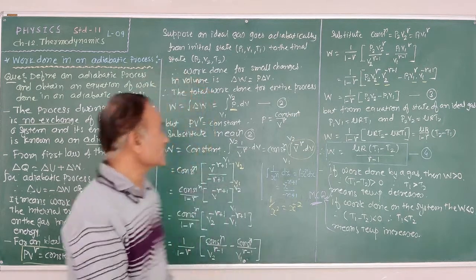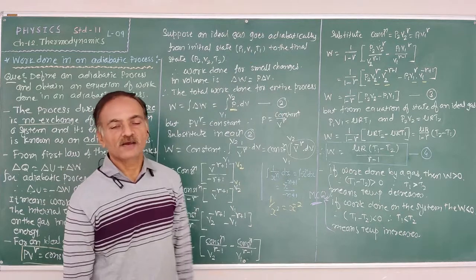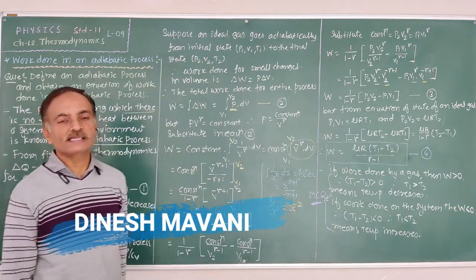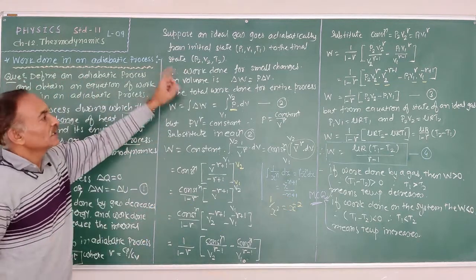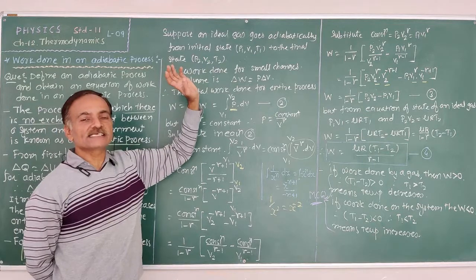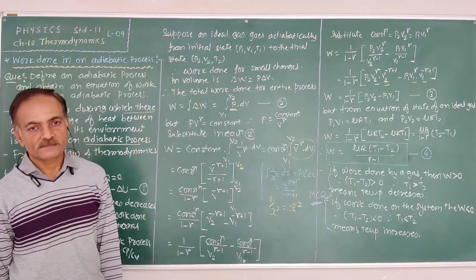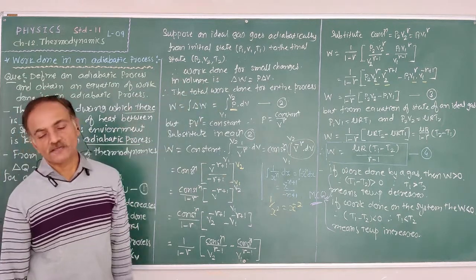In the initial state, pressure is P1, volume is V1, temperature is T1, while in the final state, pressure is P2, volume is V2, and temperature is T2. Therefore, the work done for a small change in volume, delta W, is equal to P delta V.